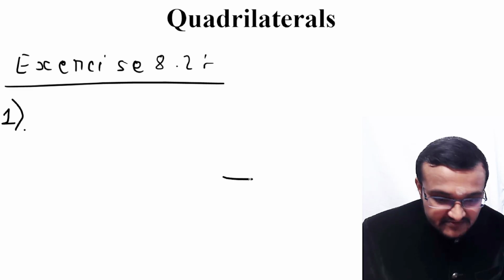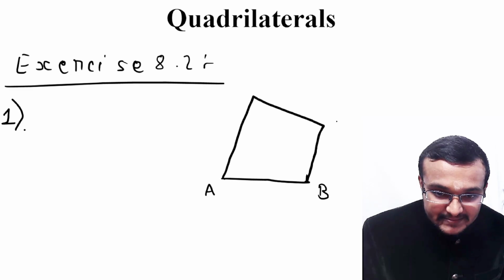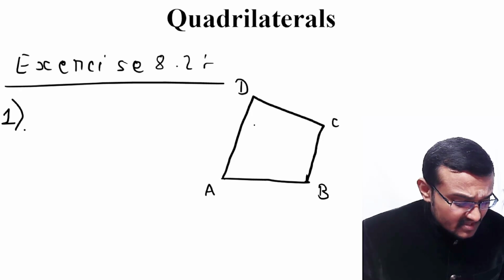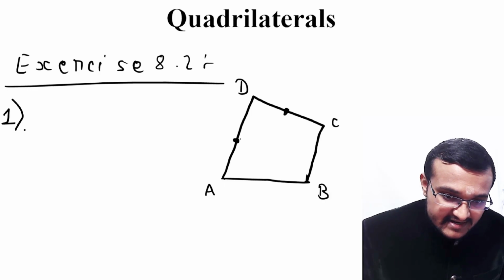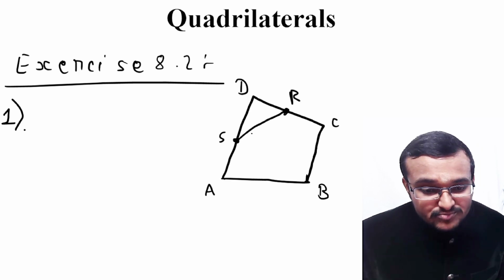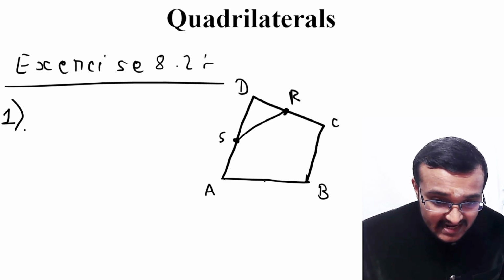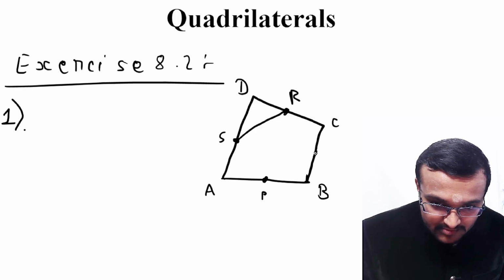Here in the first question, we have a quadrilateral ABCD. The midpoint of AD and the midpoint of DC are connected with each other. Here S and R are the midpoints of AD and DC, and we have midpoints P on AB and Q on BC.